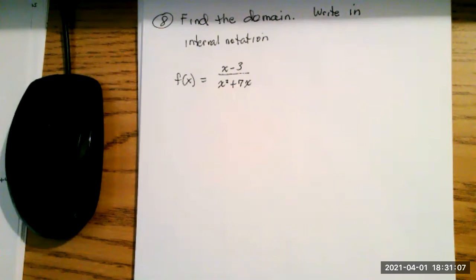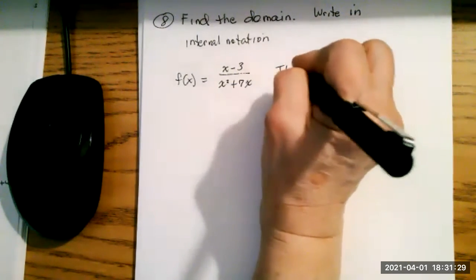We had lines. We had several different kinds of functions. What was the name for this kind? Does anybody remember? Was it rational? That's very good. It was a rational function. So this is a rational function.